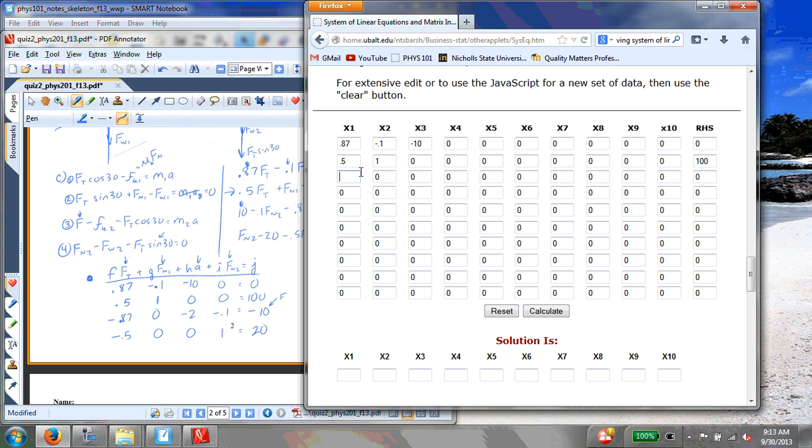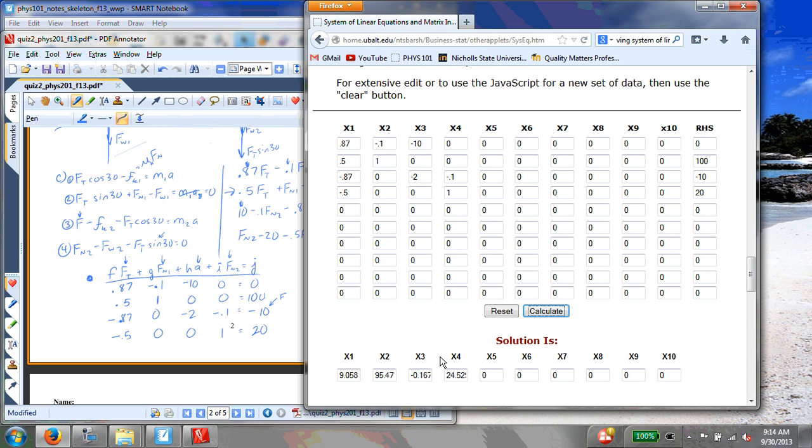Here I have negative 0.87, 0, negative 2, negative 0.1, and negative 10. And then over here I have negative 0.5, 0, 0, 1, and I have over here 20. And then I can calculate.